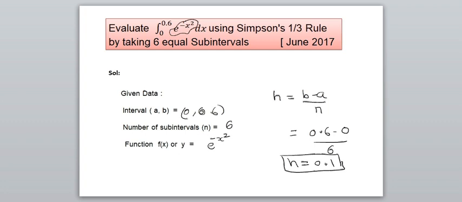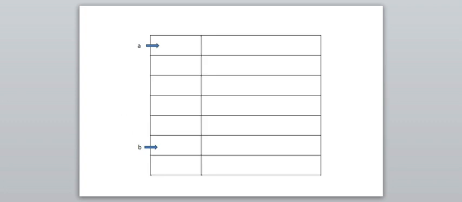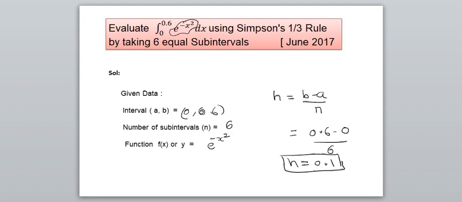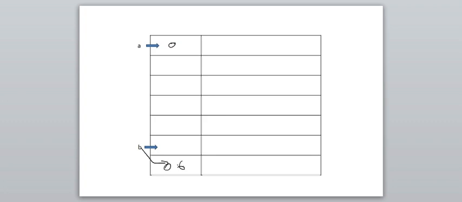Let us feed these values into the table. The first point, the lower limit a, in this problem is 0, and the last point, the upper limit b, is 0.6. Now as we know, the step size is h, and we have to continuously add the step size h to get the remaining points. 0 plus step size h, 0.1, is 0.1.